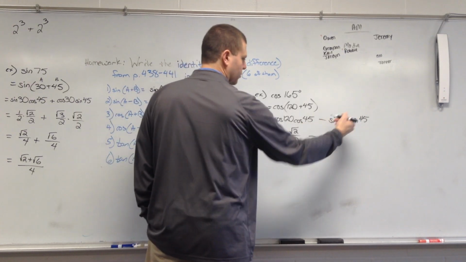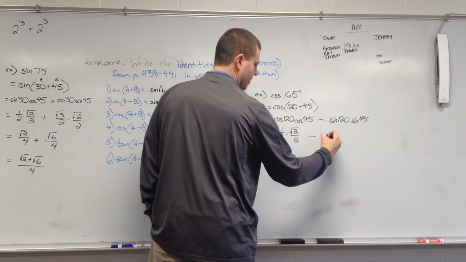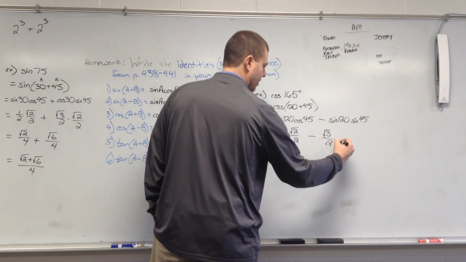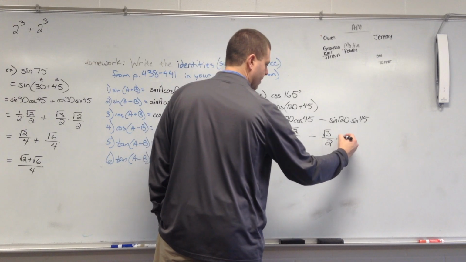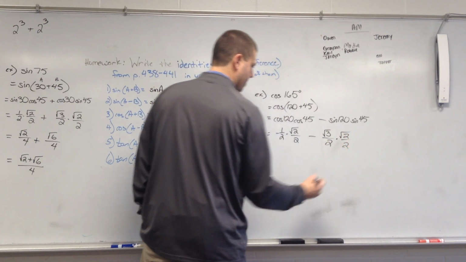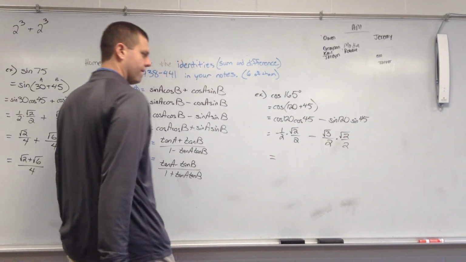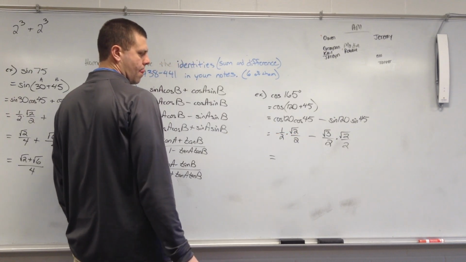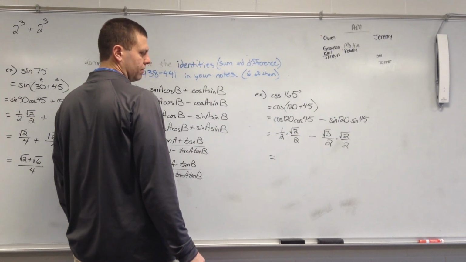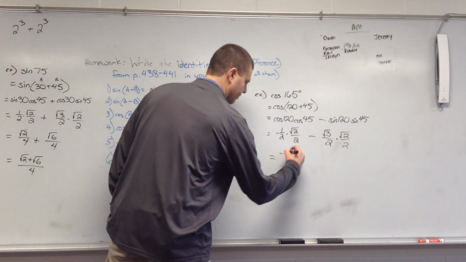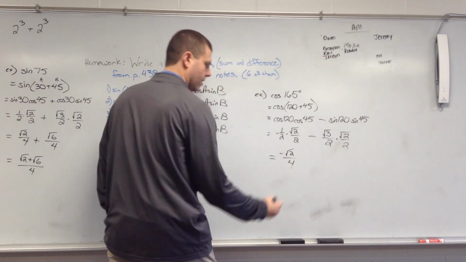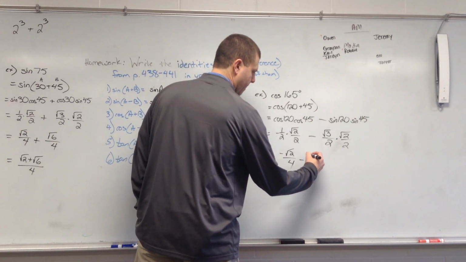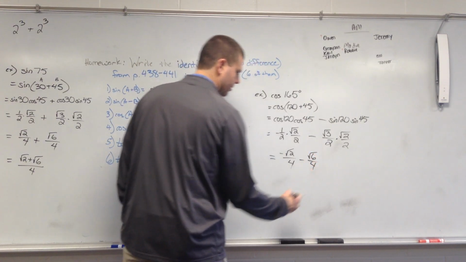Minus sine 120, which is root 3 over 2, times sine 45, root 2 over 2. This is going to be difficult. Is the denominator 2 or 4? Positive or negative? Negative root 2 over 4, minus root 6 over 4.